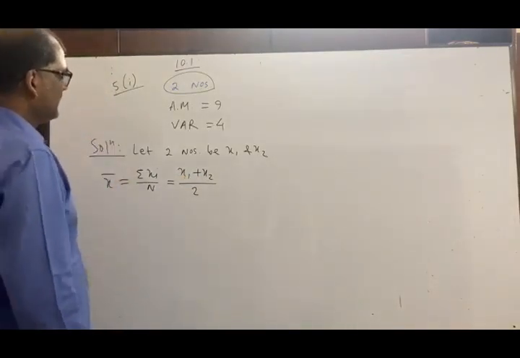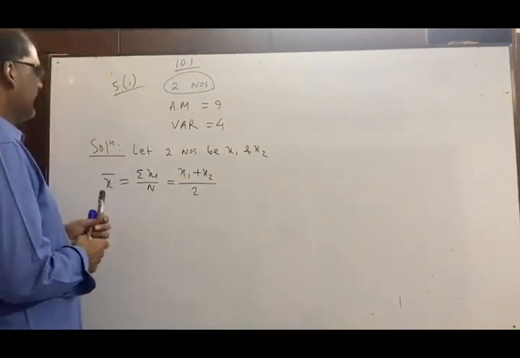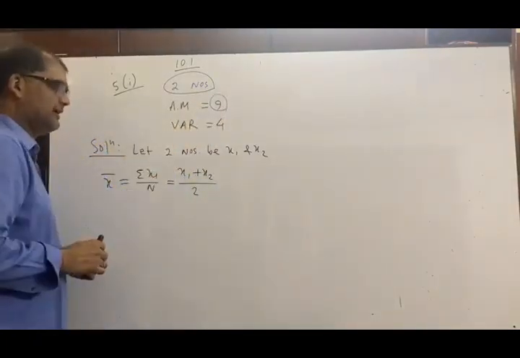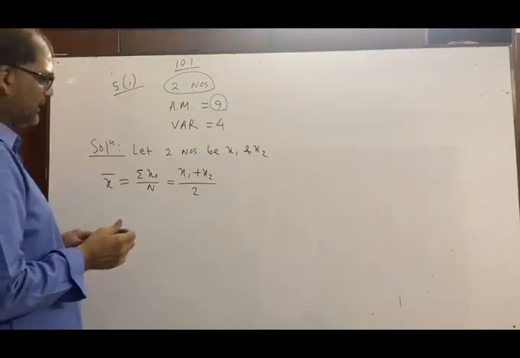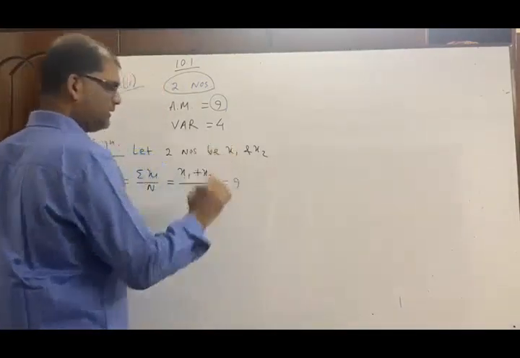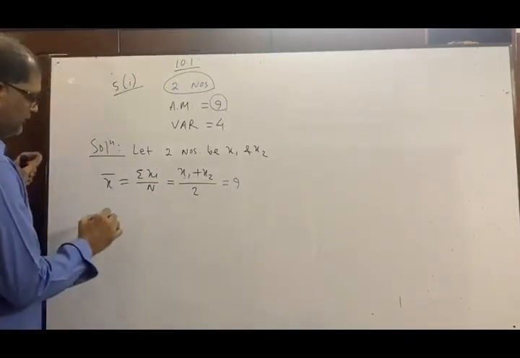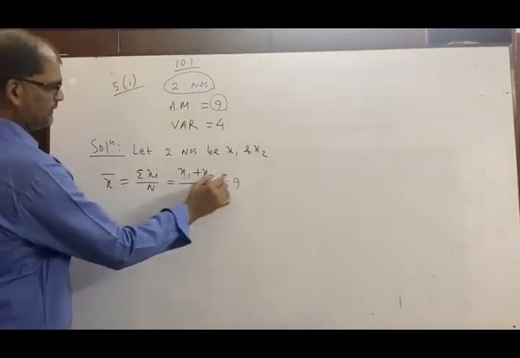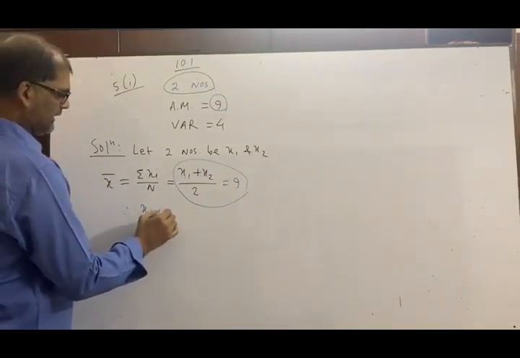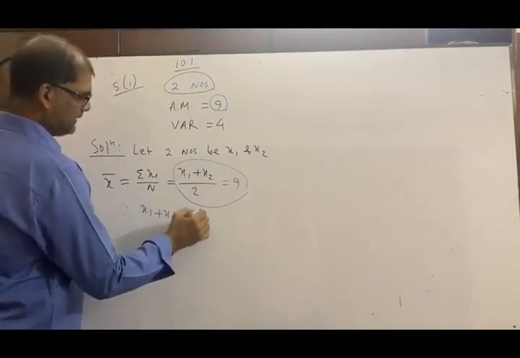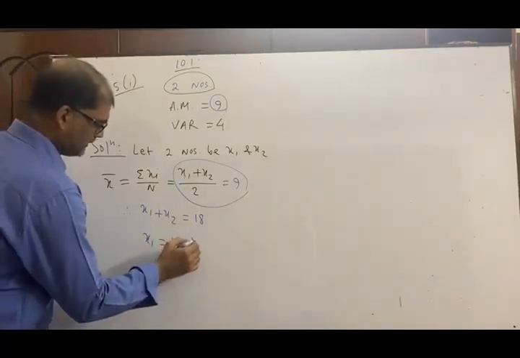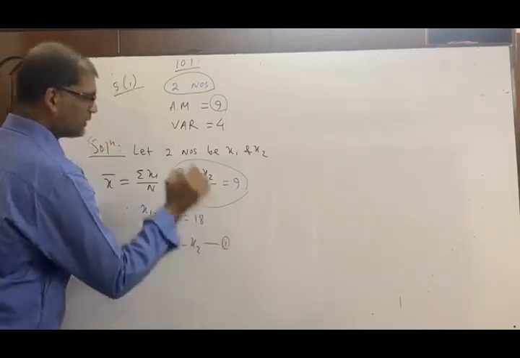And here arithmetic mean is given as 9. That means we have to write here 9. Therefore we can write x1 plus x2 is equal to 18. Now x1 equals to 18 minus x2, this is equation 1.